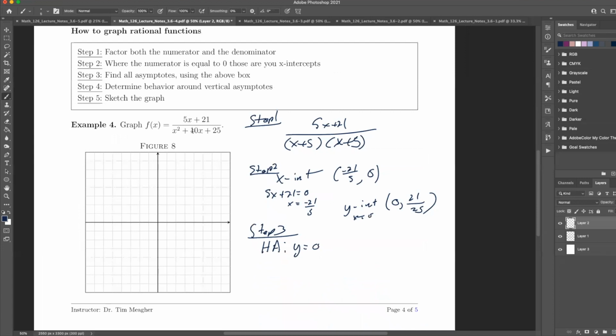Now, why is that? Let's say x approaches infinity. If x is 100, this is 500 plus 21, so this is 521. This is 100 squared, which is 10,000.